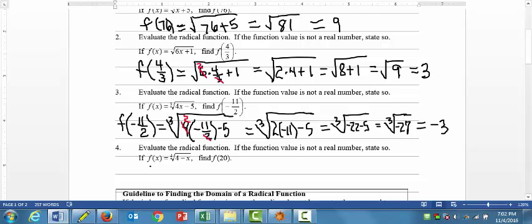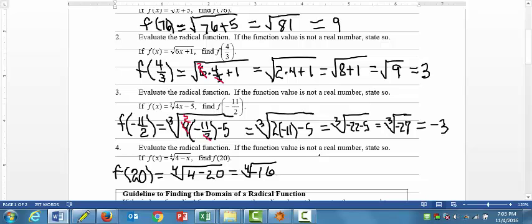All right, we want to evaluate f of 20 for f of x equals the 4th root of 4 minus x. So this is the 4th root of 4 minus 20, which is the 4th root of negative 16.